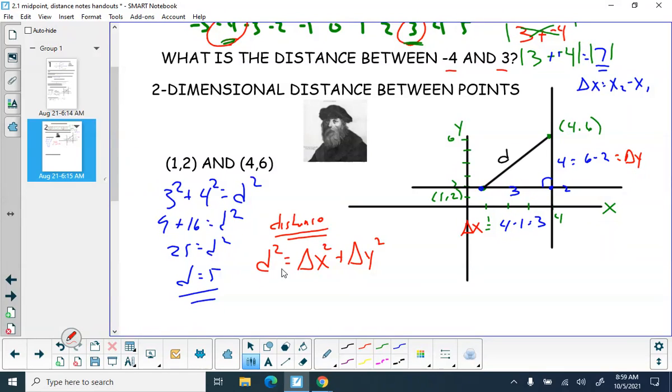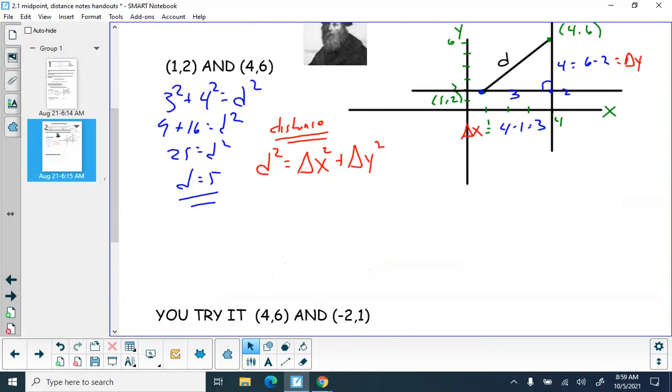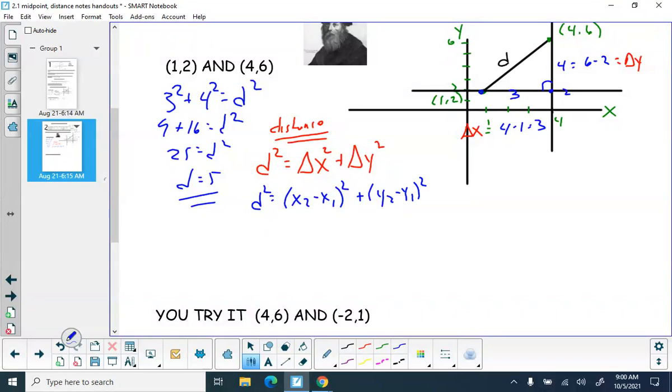So I have subtraction of my two x's and subtraction of my two y's. Now what this expands into, how I found my delta x and my delta y, we have d squared is equal to x2 minus x1 squared plus y2 minus y1 squared.